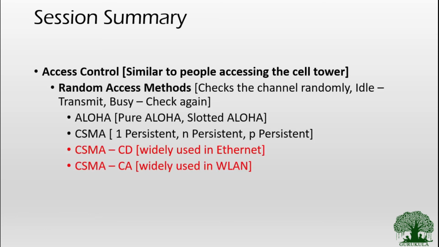So we have several mechanisms to address this, in which the channel is checked randomly, and when it is idle we can transmit the message, and when it is busy we have to check it again. That is the principle behind the random access method, and out of the 4 different mechanisms, we have discussed the ALOHA technique and then the CSMA technique.